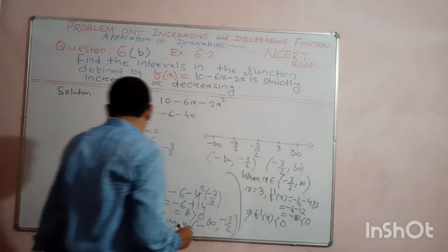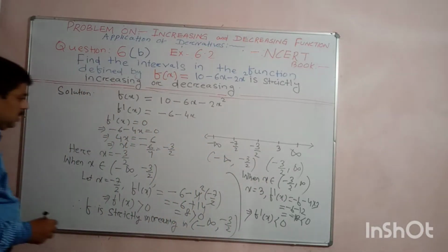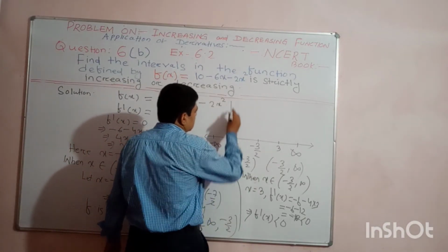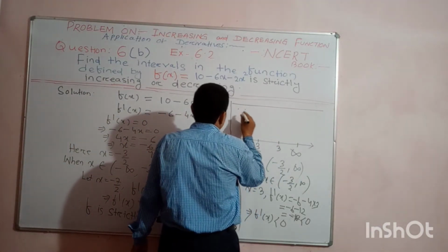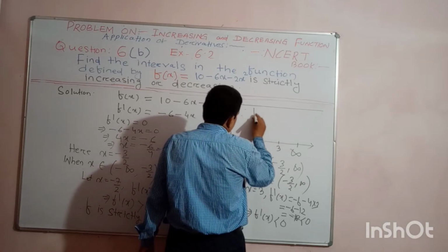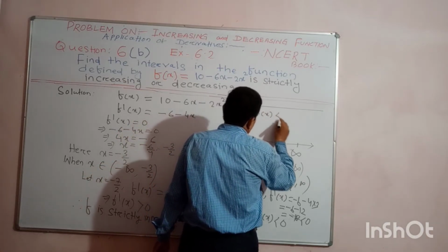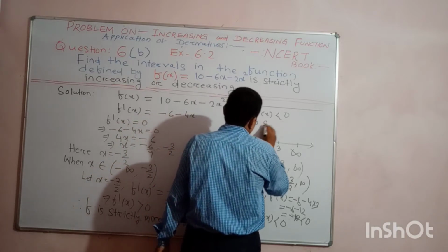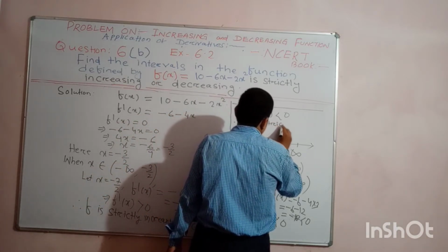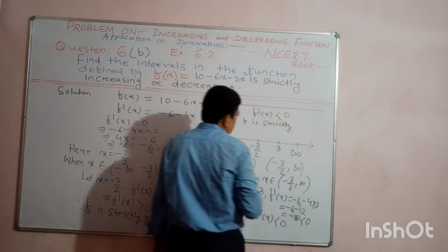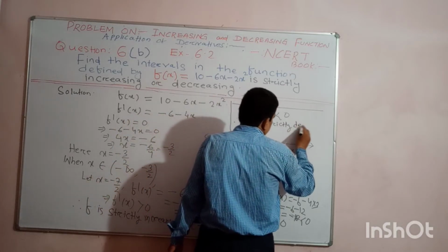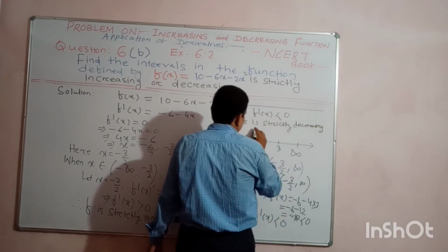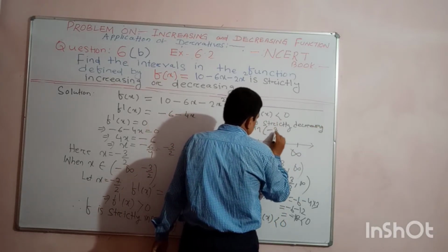It means the slope of the function is less than 0. Since the slope of the function is less than 0, understand? Since in the interval f dash x is less than 0, hence the function is strictly decreasing in the interval minus 3 by 2 to infinity.